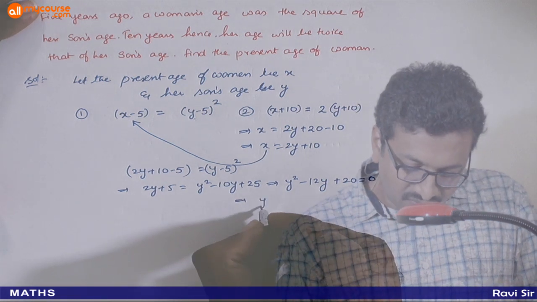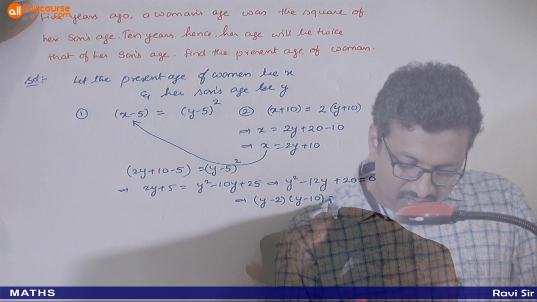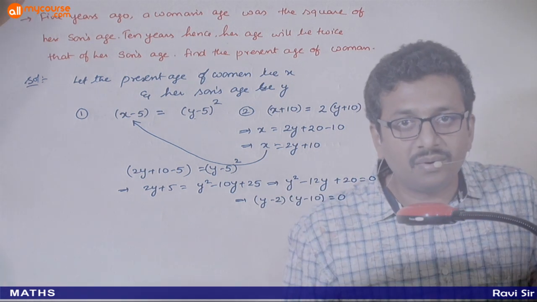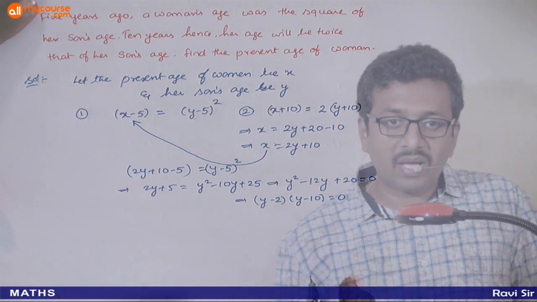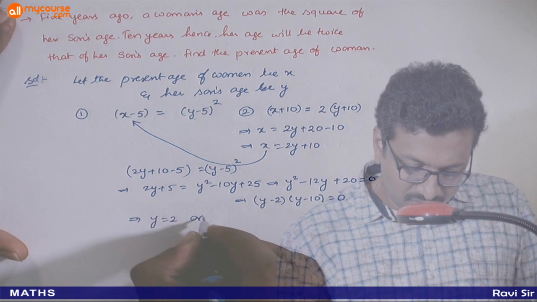This implies (Y minus 2) into (Y minus 10) is equal to 0, which implies Y is equal to 2 or Y is equal to 10.